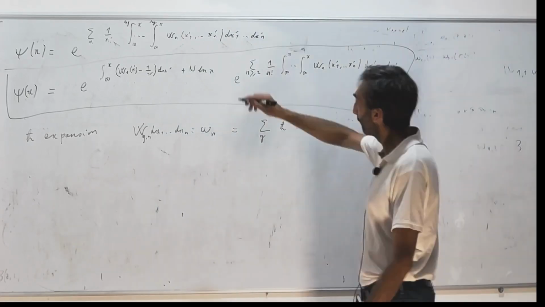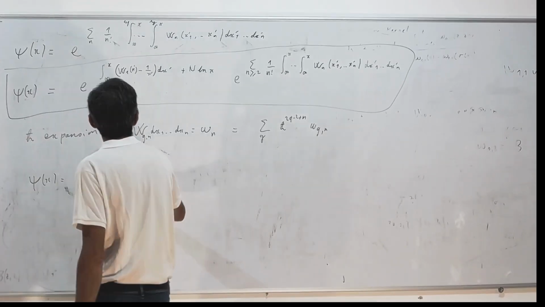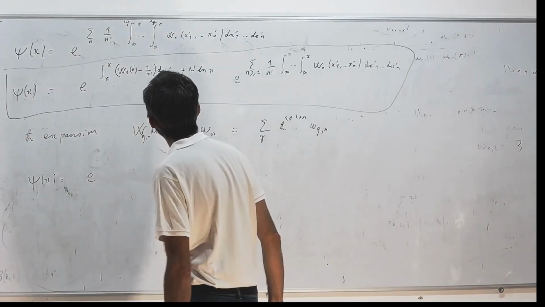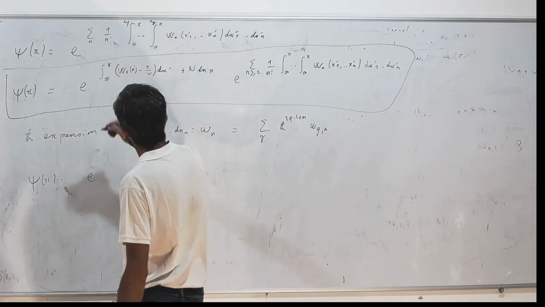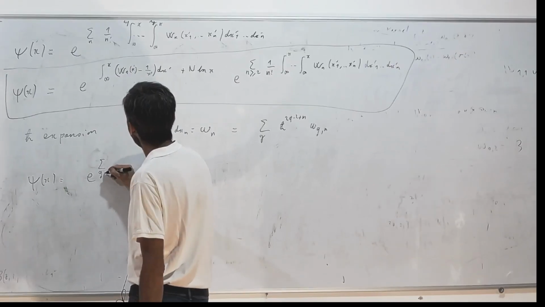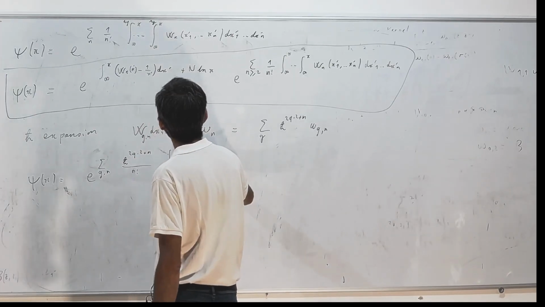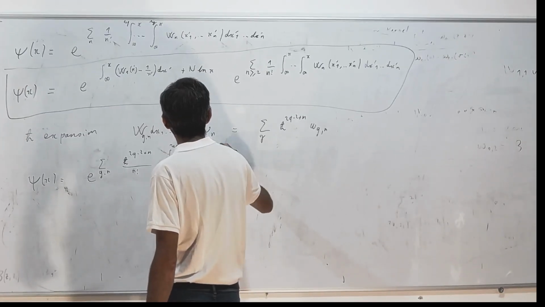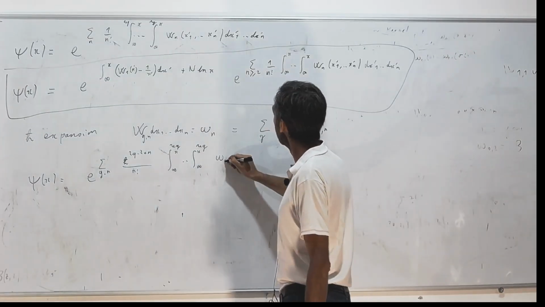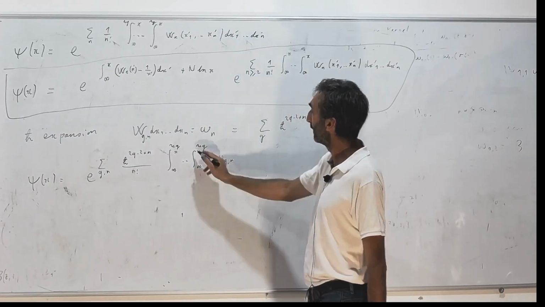So let's put that in psi of x equals exponential. Using this formula, the sum over g and sum over n, h bar to the 2g minus 2 plus n over n factorial, regularized integral of omega gn, where the n variables here are the ones you integrate.